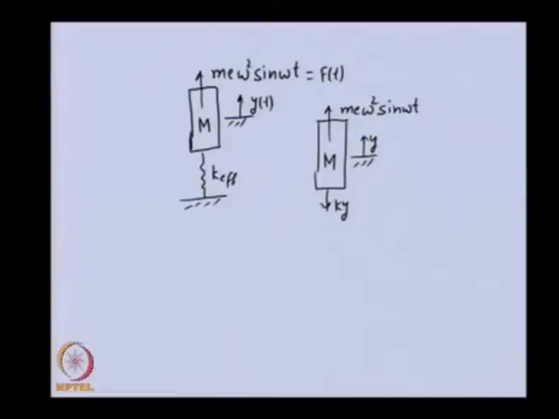Gravity effect we have neglected, as we are assuming that the reference is the static equilibrium position. Apart from this, there will be an inertia force acting. Now we can write the force balance: sum of external force is equal to mass into acceleration.